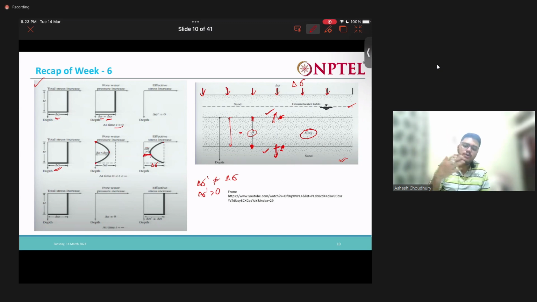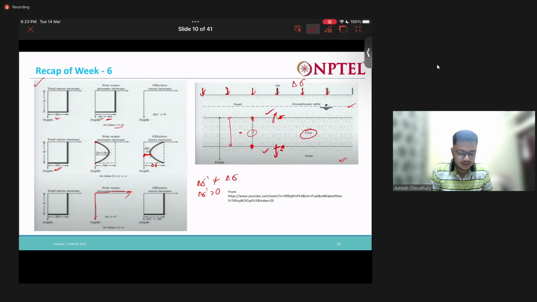Now we allow more consolidation to take place. At time t equal to infinity, along the complete depth, my pore water pressure would have dissipated completely. So my pore water pressure becomes completely 0 here, and at infinite time my effective stress is the total effective stress.